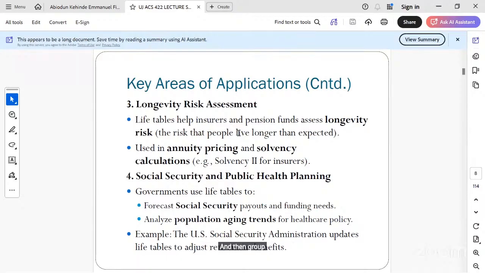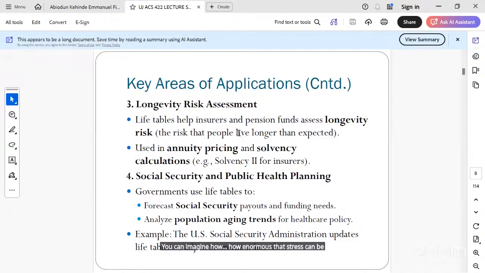So as a breadwinner, you can imagine that if you passed, the financial burden and the financial stress that your wife and children will go through while you are away. You can imagine how enormous that stress can be.